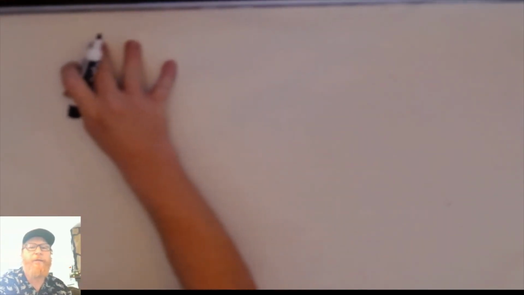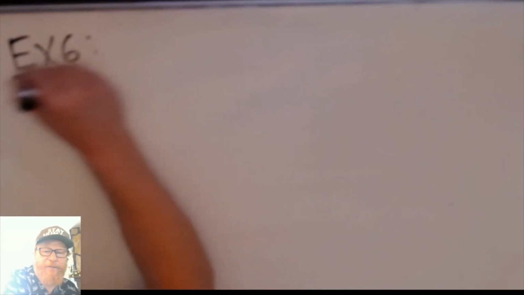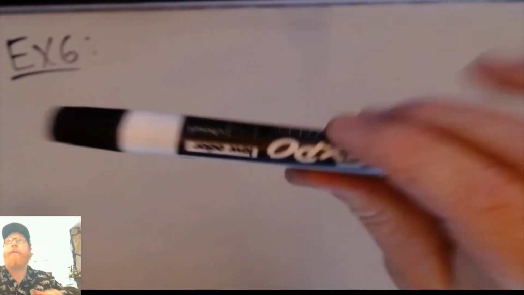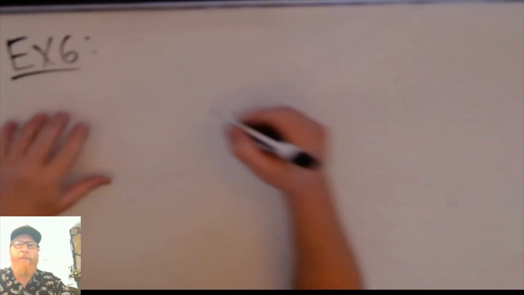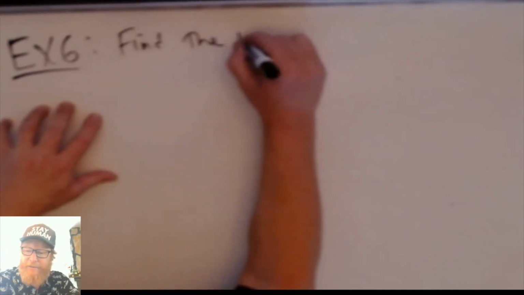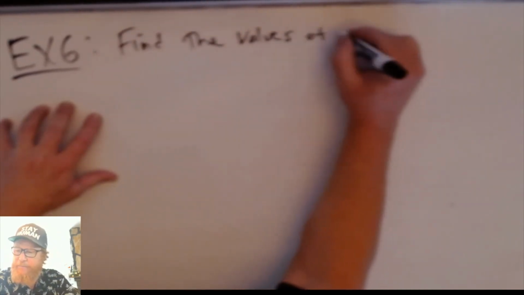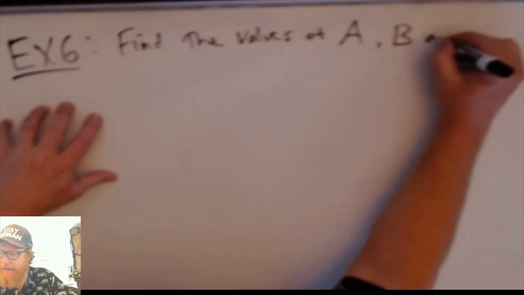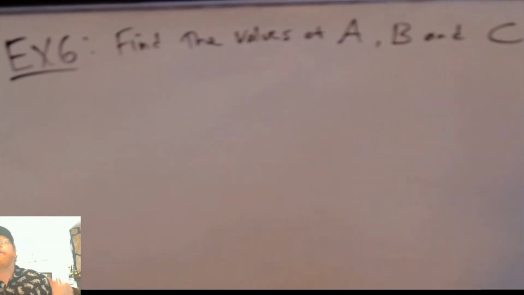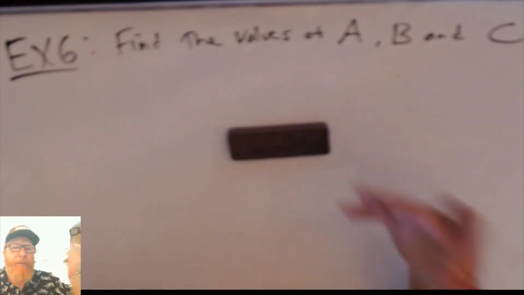Hopefully my camera will stay good. Let's see, example 6. Oh no, it's happening again. Well, maybe it'll come back while I'm writing it. Same question, find the values of A, B, and C. You might as well get used to this.